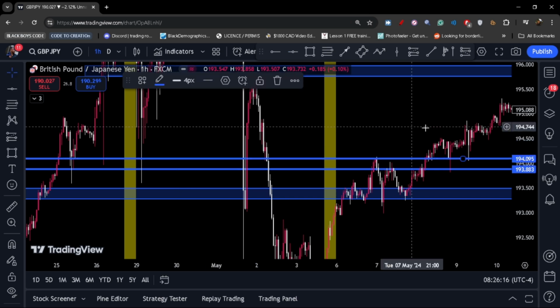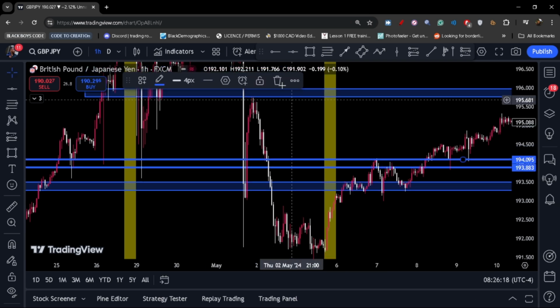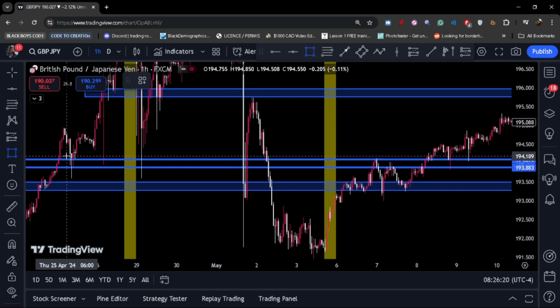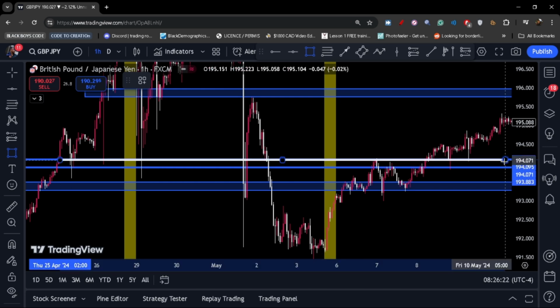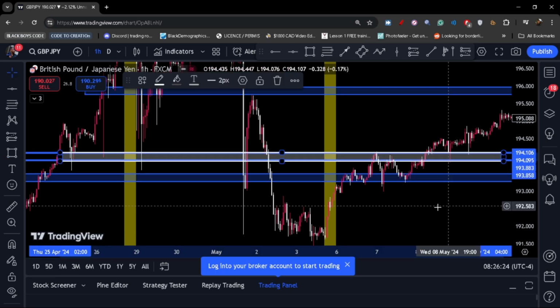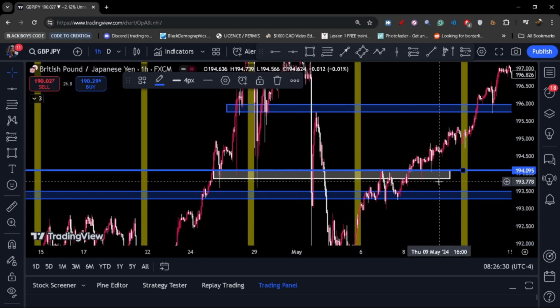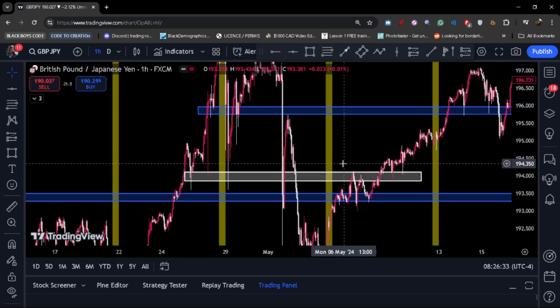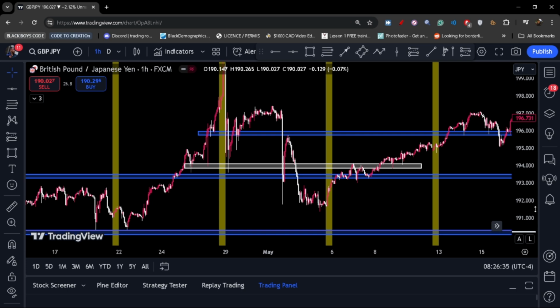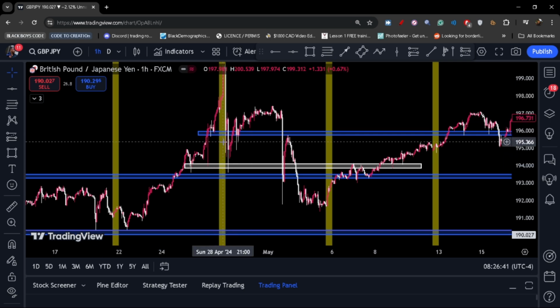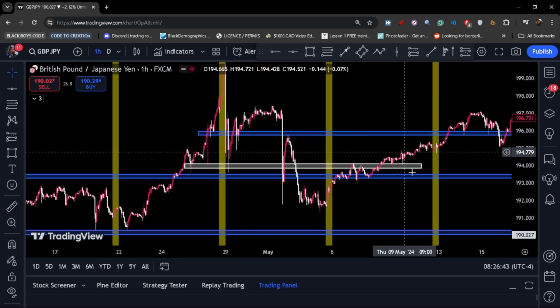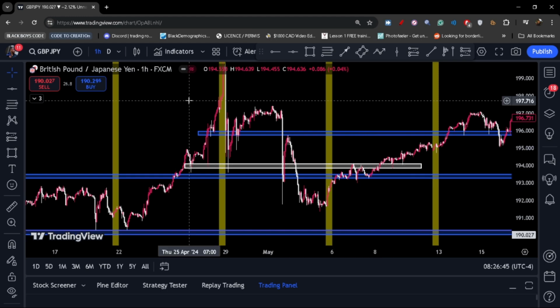So boom, and as you can see above, if I use this box instead of the lines, right, and then cancel this, boom, boom, you can see, right, that above this white line, price is buying, boom, price came back, tested and bought, same thing, bought, right, and then below, price is selling, right?